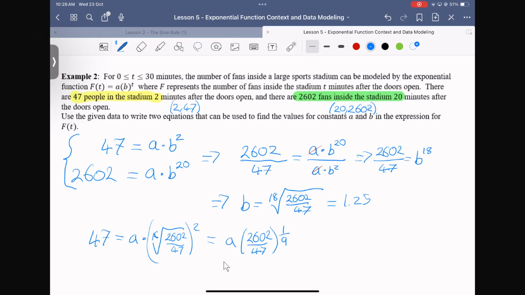And then we can just find the value of A. So what would A equal? Do the calculation on your calculator. I won't come down and check this time.